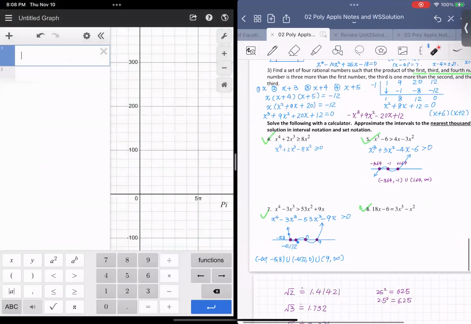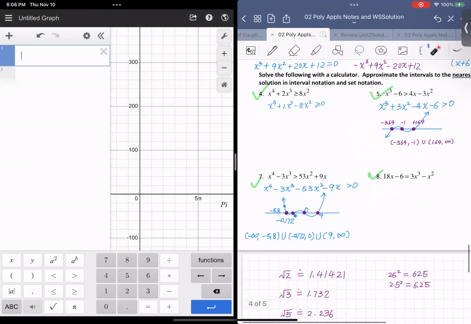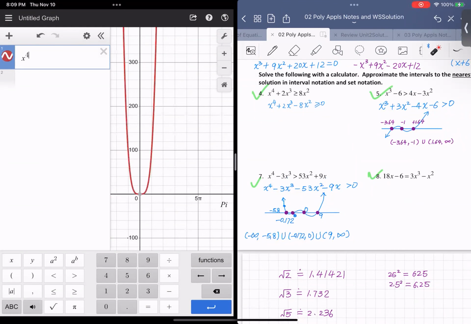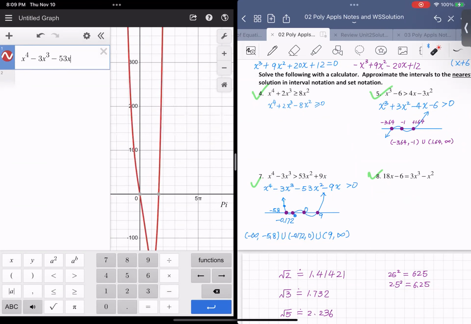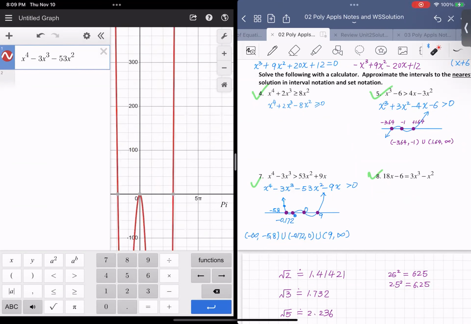Let's see here. For example, number 7. You move everything to the left. So you do x to the power 4 minus 3x to the power 3 minus 53x to the power of 2 and then minus 9x. Okay, you have this one.